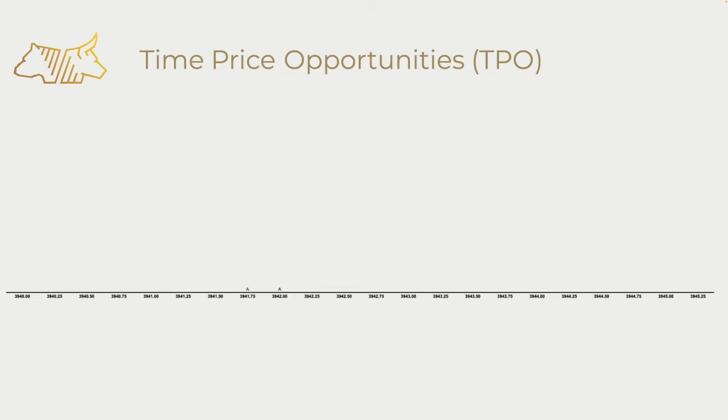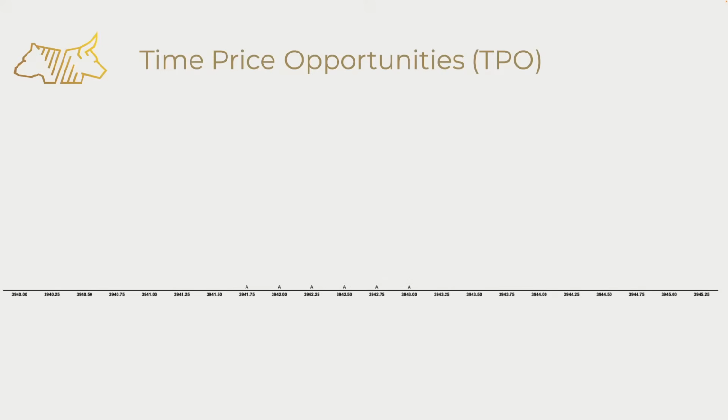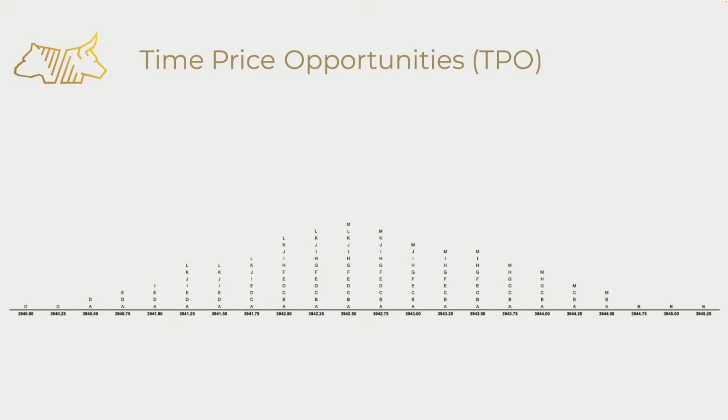We're going to record an A there. And then as we move a little bit higher, we're going to record A's at each and every one of those prices. Now, if we repeated this process for the rest of the market session, we would end up with this. And this is essentially our market profile chart, which is a distribution of TPOs for a given market session.